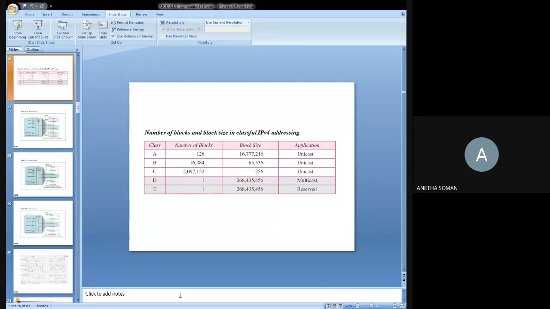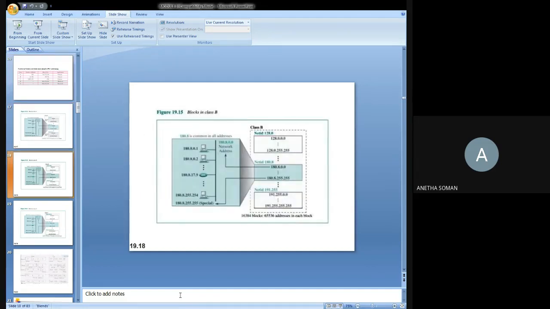Now, what is the first address of class B? From where does it start? I know the range of class A was 0 to 127, right? So class B starts with 128. So 128 to 191 is the range.